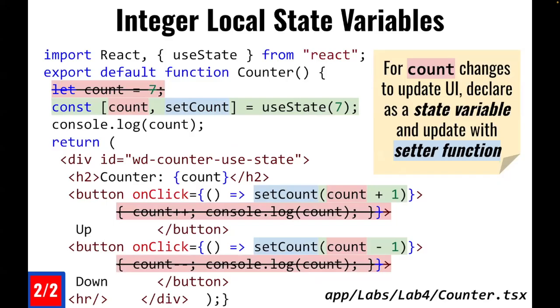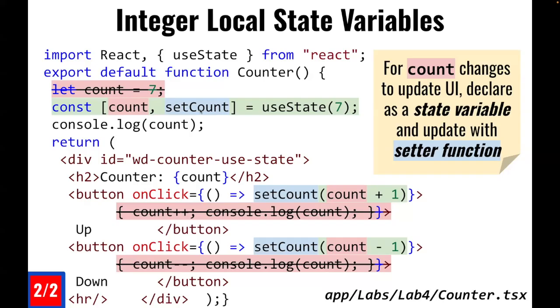Okay. Now notice that we are using a square bracket notation. That means that these names here could be whatever I want. I chose count because we were talking about a counter, and I was using a name of a variable that made sense, count here. And so I chose count. Same thing for the name of the function.